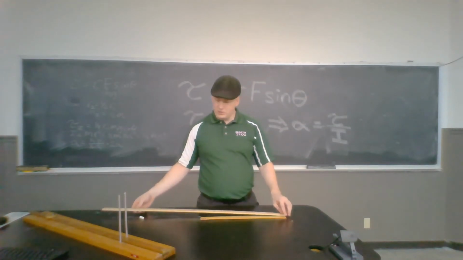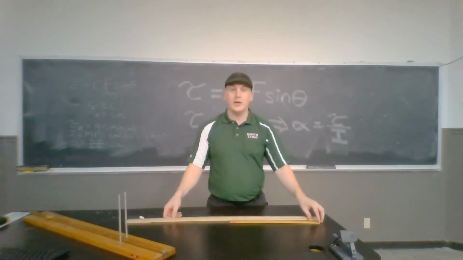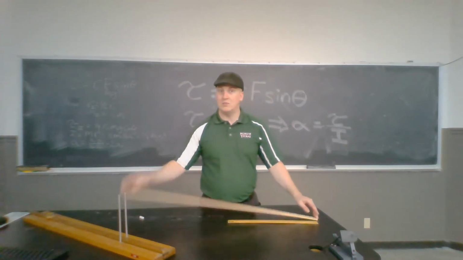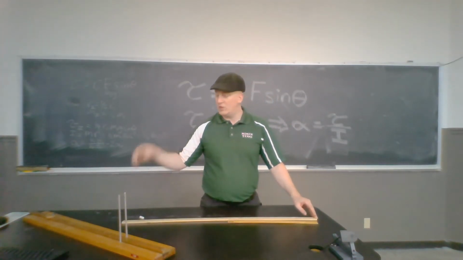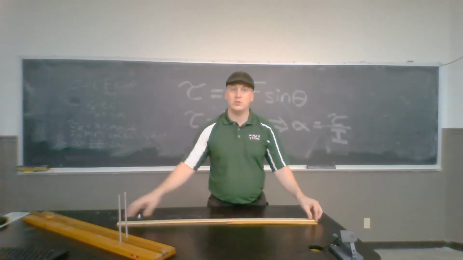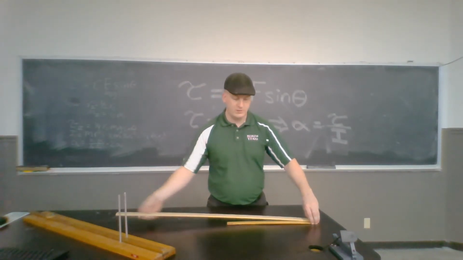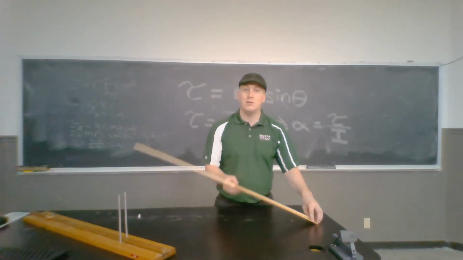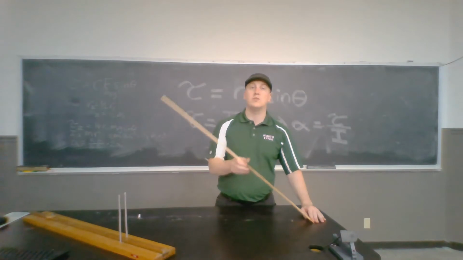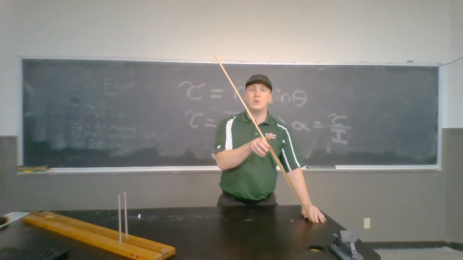Actually, I'm going to let you hear first what they sound like when they hit the table. Now I'm going to put these two rulers side by side and create a pivot point for these two to just fall and hit the ground. I want you to see if you can see a difference between when they hit the ground.